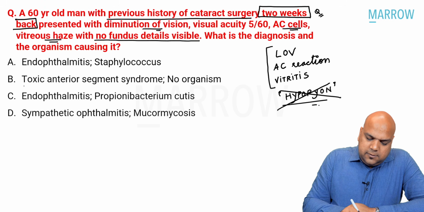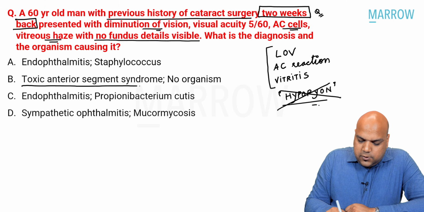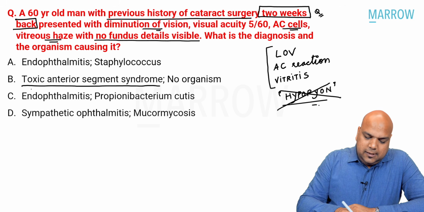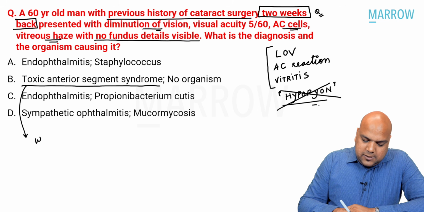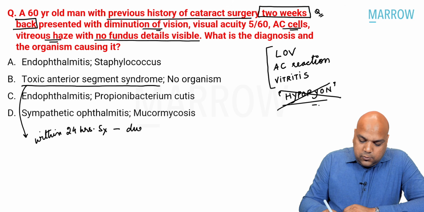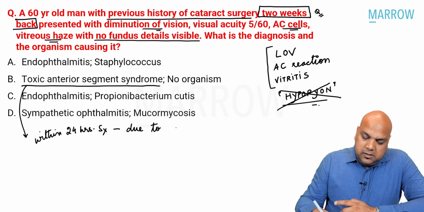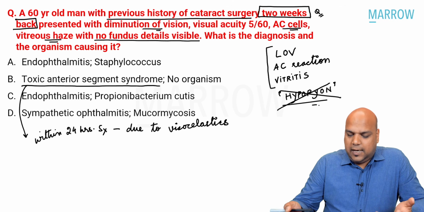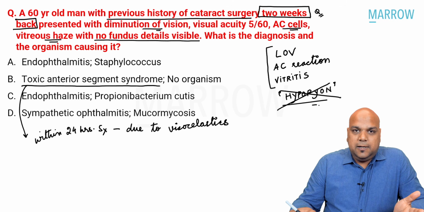The first option is endophthalmitis. The second option, which confused a lot of students, was toxic anterior segment syndrome. See, toxic anterior segment syndrome presents within 24 hours of surgery, on the first post-op day. It is due to viscoelastics or some other product, some other dye, drug, something left in the eye which has caused a reaction, mainly viscoelastics.